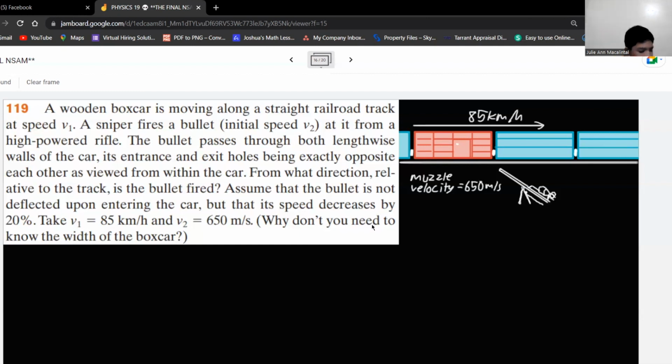Significant ba yung magiging effect ng gravity sa speed? The speed here is 650 meters per second. Pero dapat aakyat yun tapos bababa, so hindi pwedeng above the boxcar. It should be below.